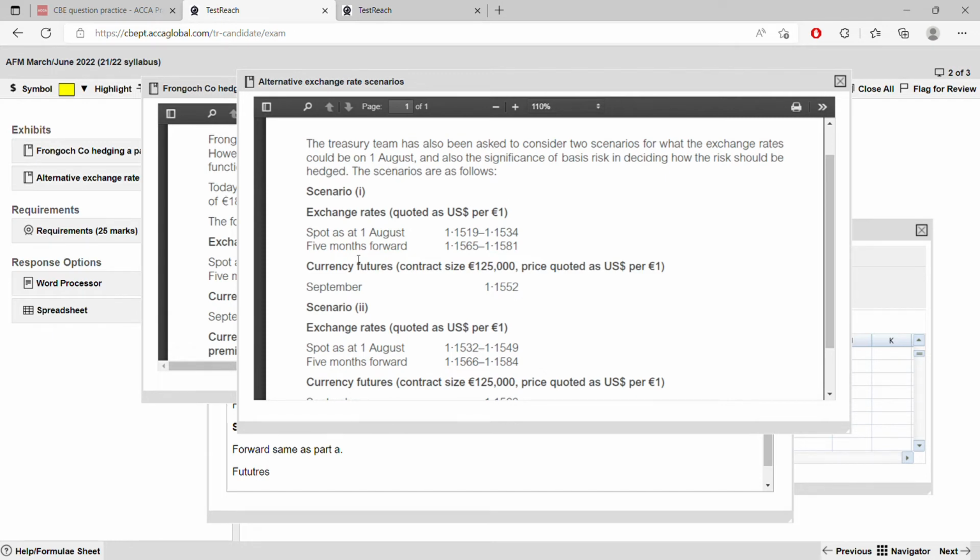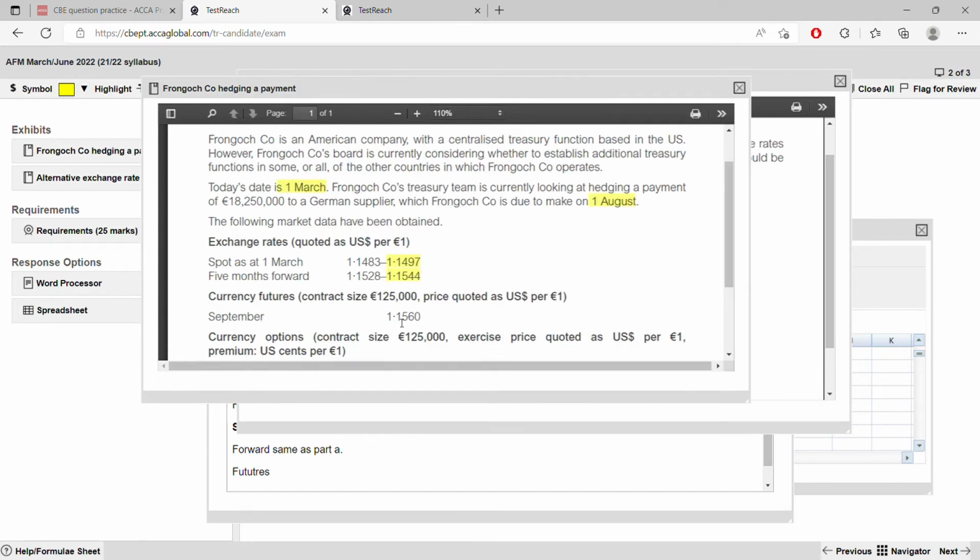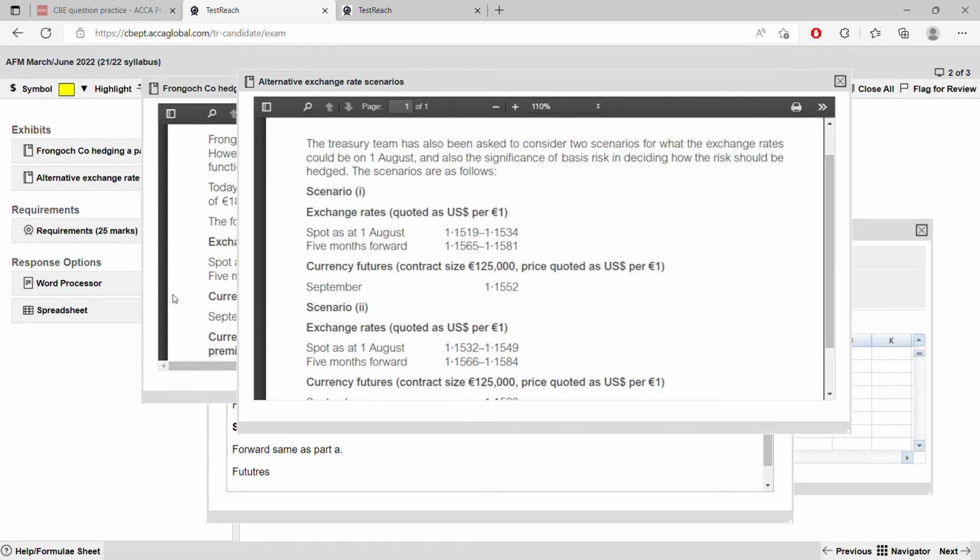And if you originally go here, 1560, and compare it with the spot, why is it compared with 1152? I think it is compared with the closing future price, that's why.